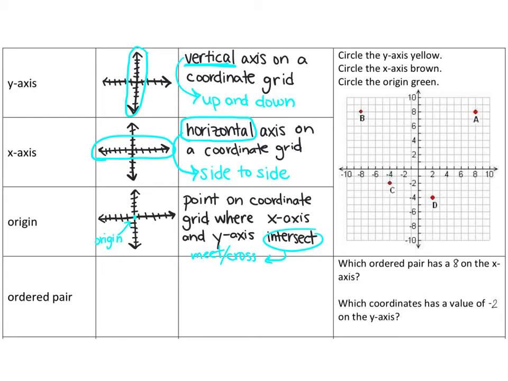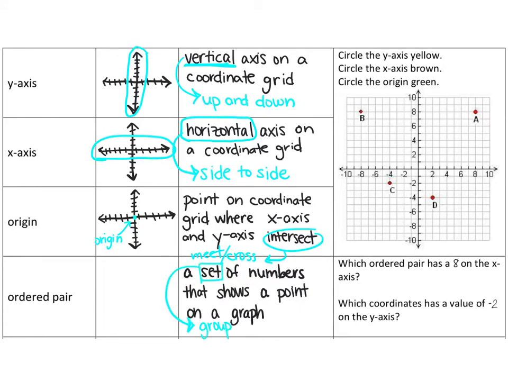All right. The fourth vocabulary word on this page is ordered pair. An ordered pair is a set of numbers that shows a position on a graph. So a set of numbers, and a set means a group. So it's a group of numbers that shows a point on a graph.